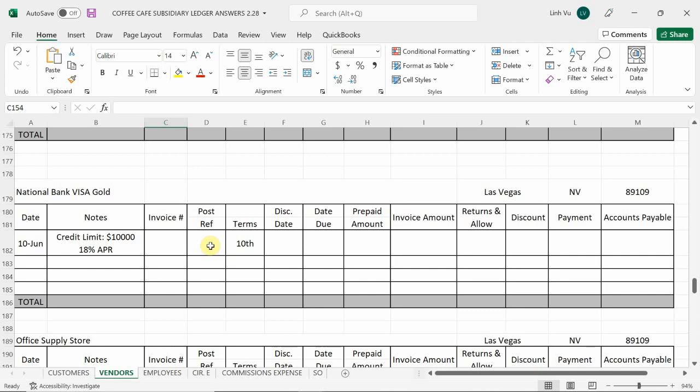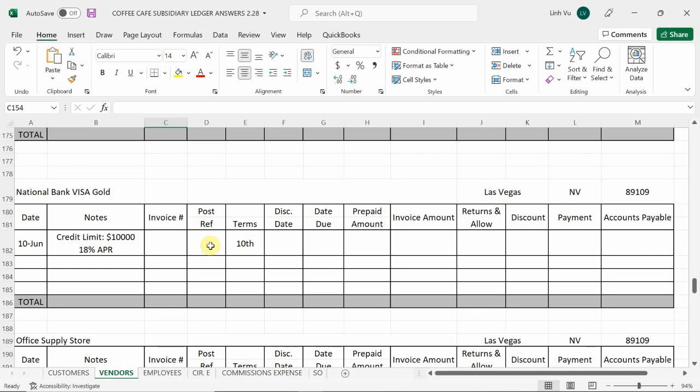No. But in this case, we racked up credit with the National Bank Visa credit card. So that means we should be expecting to receive a statement soon. Well, kind of soon, because the month is almost half over.